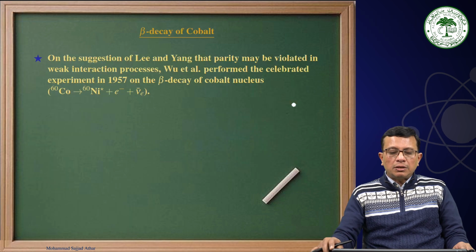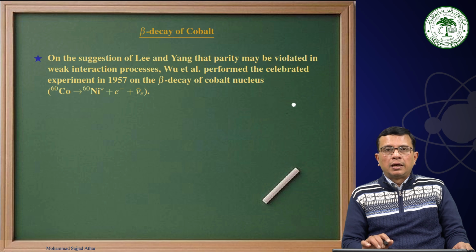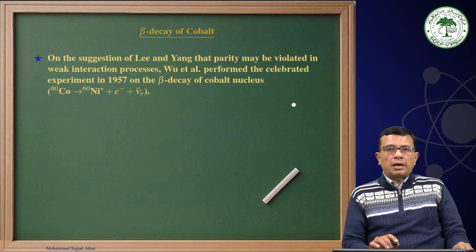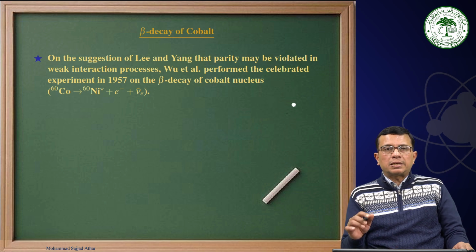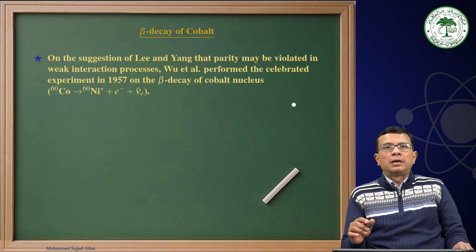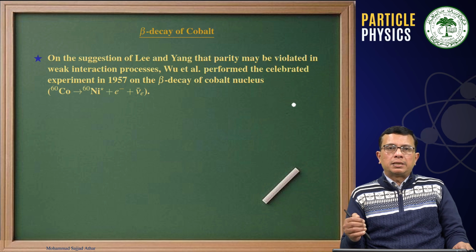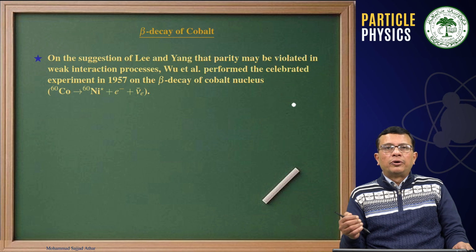Now, on the suggestion of Lee and Yang, this is a decay for theta plus and tau plus, where parity gets violated. One time the particle is decaying into an even parity state, and another time into an odd parity state, and these are weak interaction processes. Therefore, in the weak interaction processes, parity is not a good quantum number.